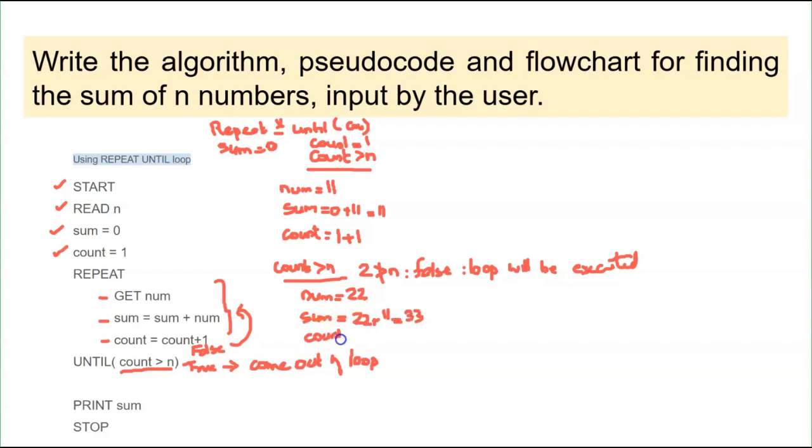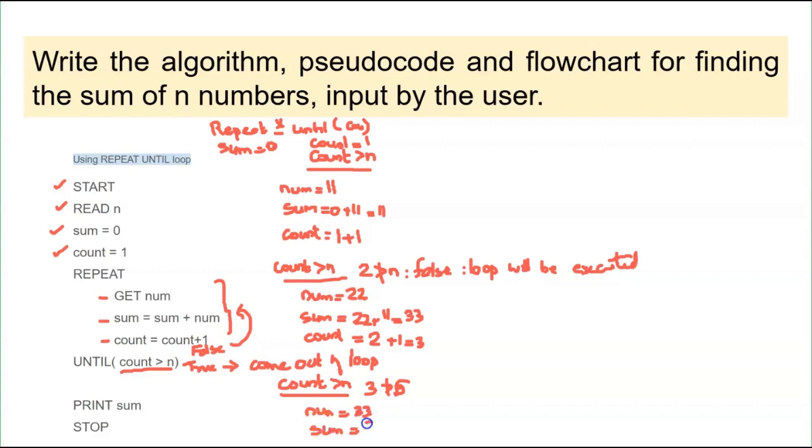And count will be incremented. So now 2 plus 1 is equal to 3. Again it will check whether count is greater than n. Now 3 is not greater than 5. Okay, so again it will take the next number, num equal to 33.